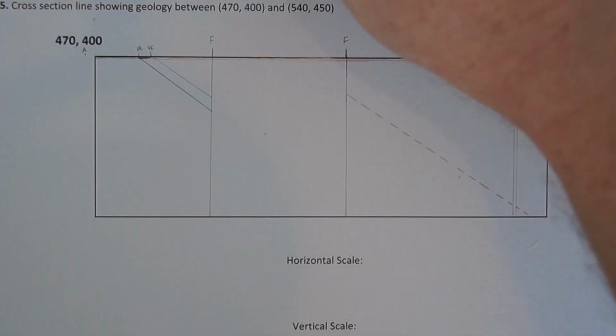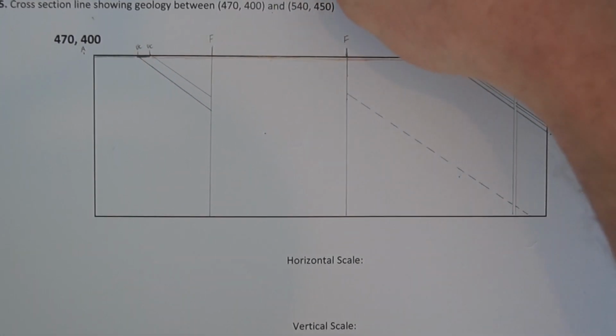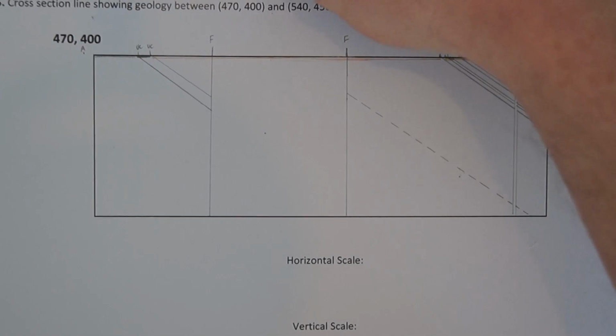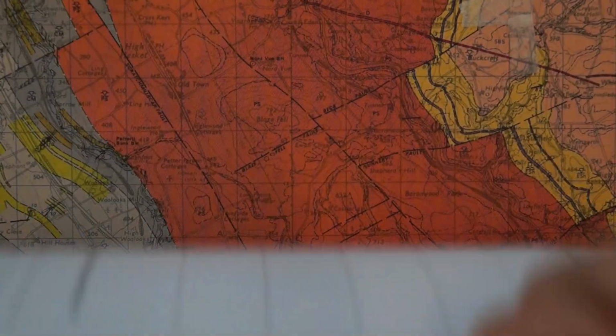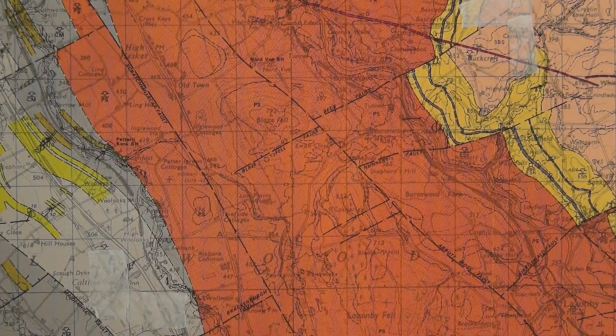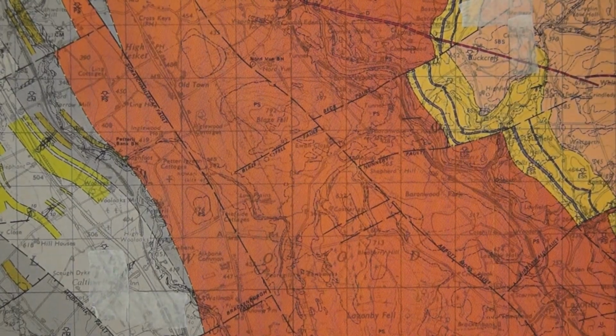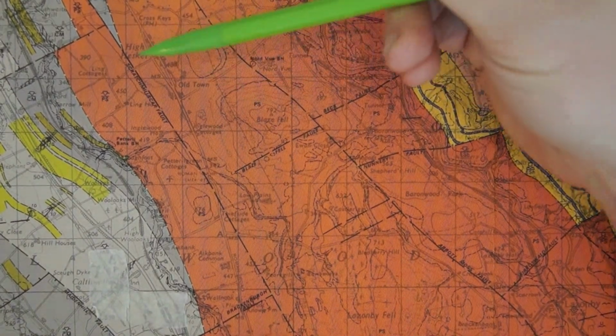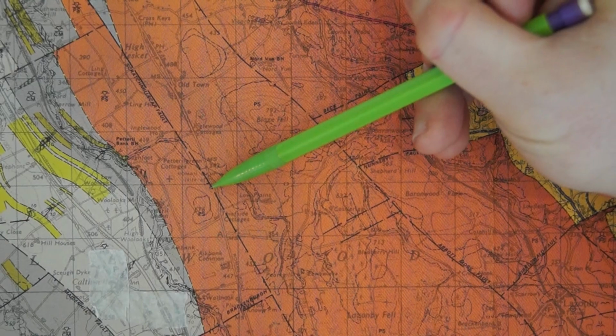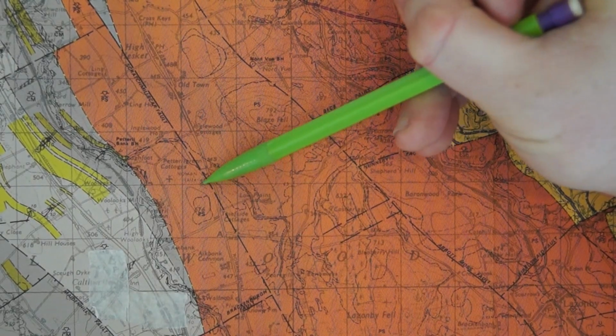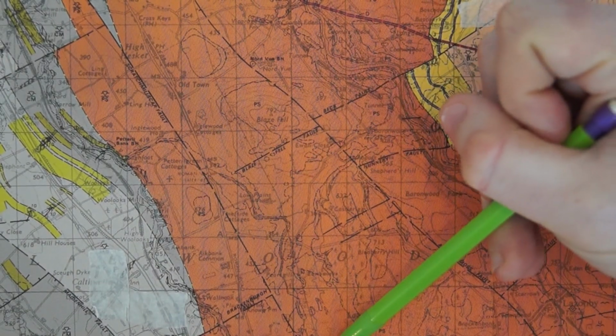So if we just go and have ourselves a little look at that Scratch Mill Scar fault on the map. If we look along that map, the fault trace, every now and again you should see a little tick on one side of the fault plane.